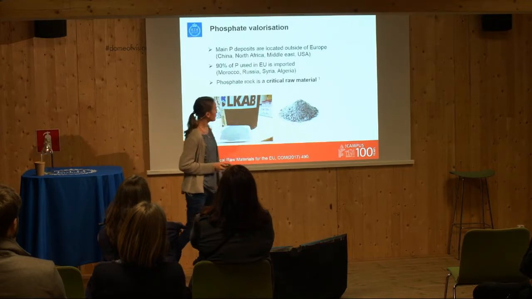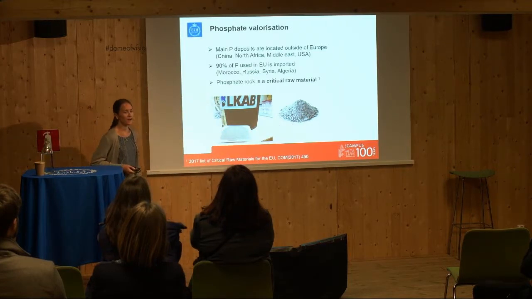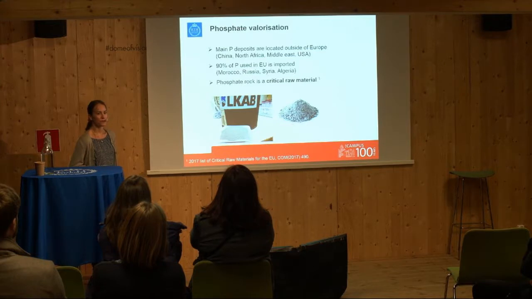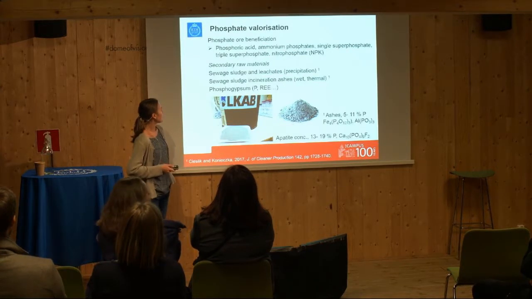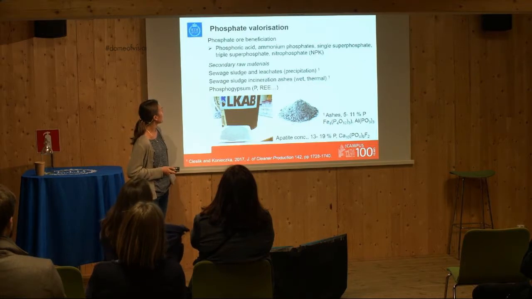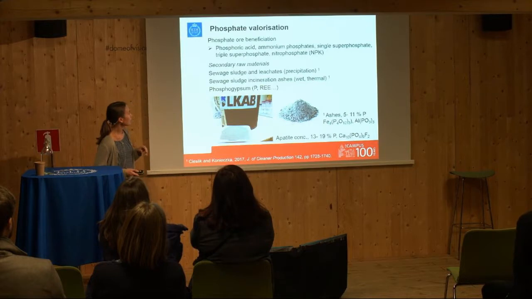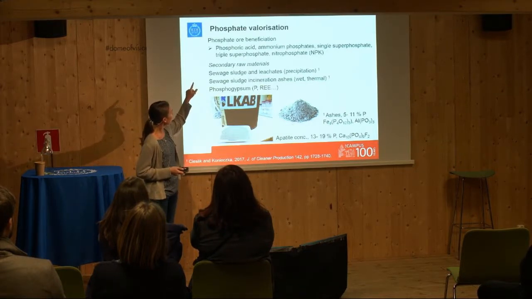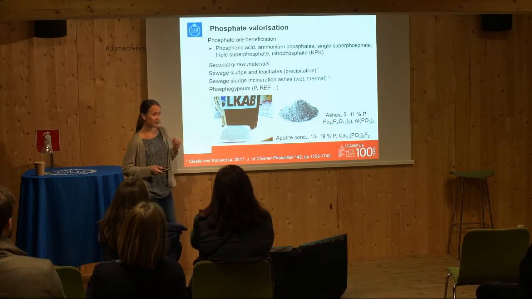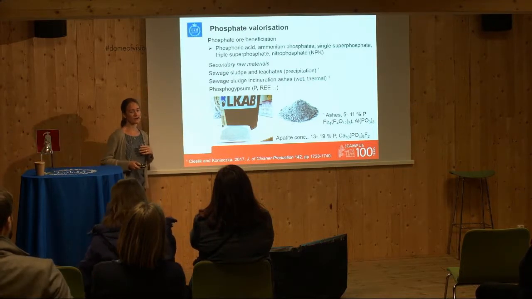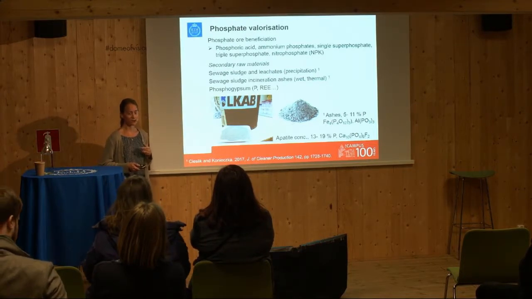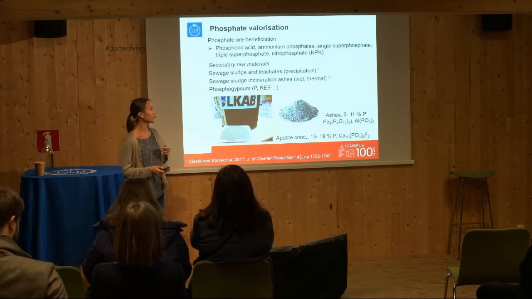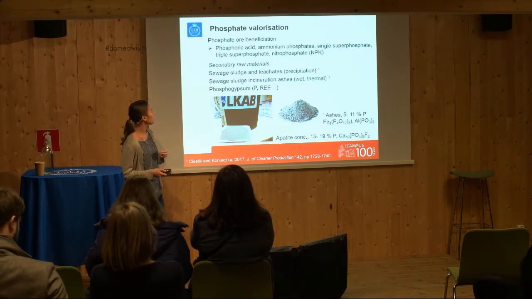And then we also have these ashes, which are a source of phosphorus that we have even in Sweden, from incineration of sewage sludge. Looking at phosphate valorization, so you have phosphate ores, could be apatite. You process that to produce phosphoric acid, and then the phosphoric acid, much of it is further processed into fertilizers, or you can produce the fertilizers directly from the phosphate ore.